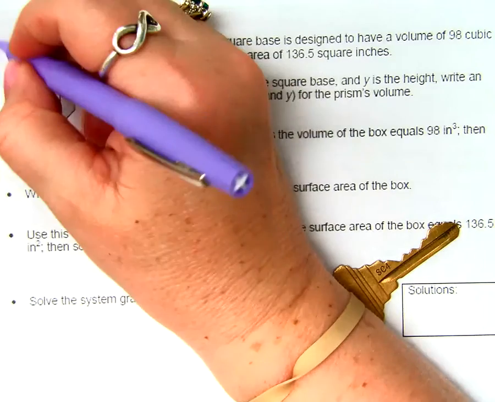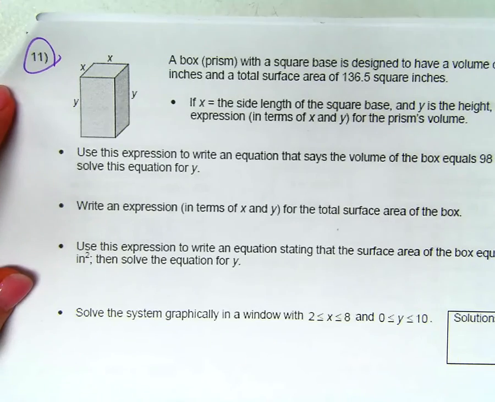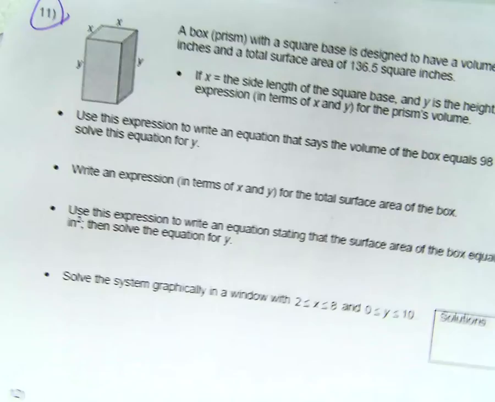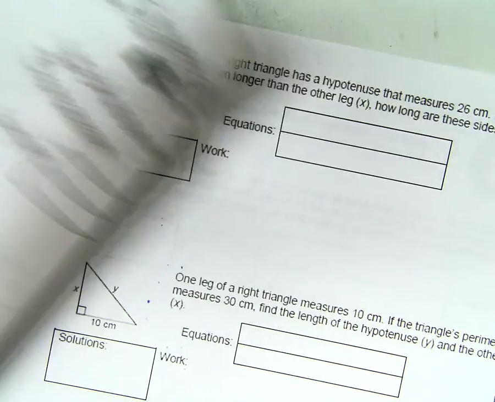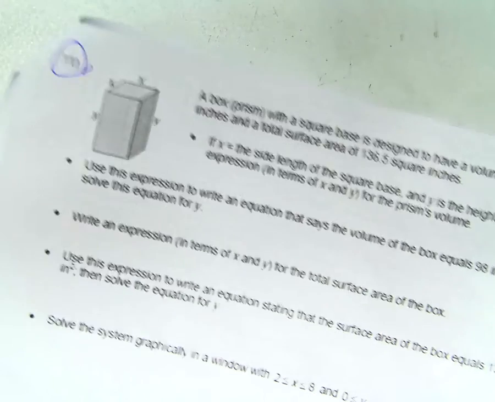Let's do 11. Okay? So that we're clear: 3 and 4, 7 and 8, 9 and 11. Any of the others that you do, of course, will be extra credit. But for sure get those done.